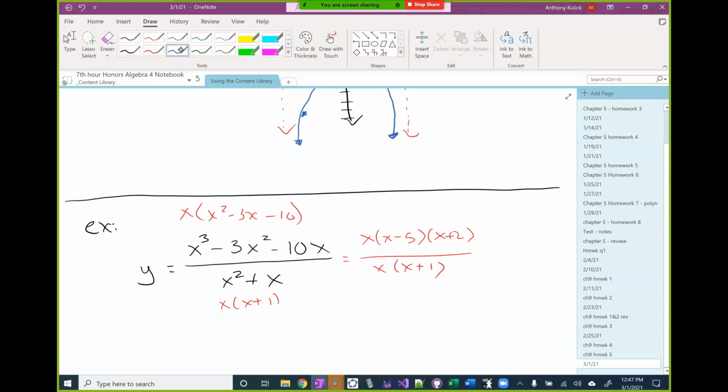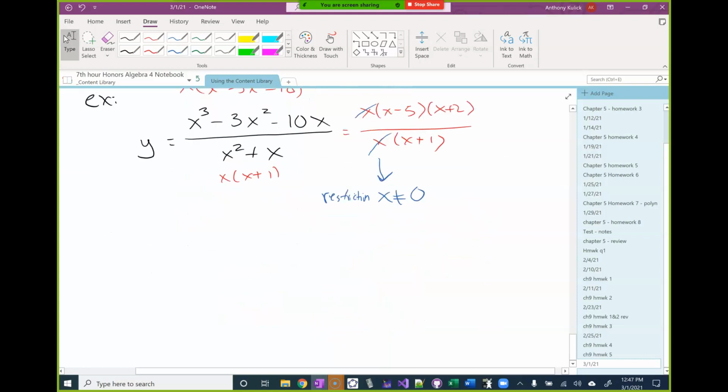Okay. Notice that this time there is some reducing to do. Everybody see that? So that creates a restriction that x cannot equal 0. And in terms of our graph, that's going to create a removable discontinuity.